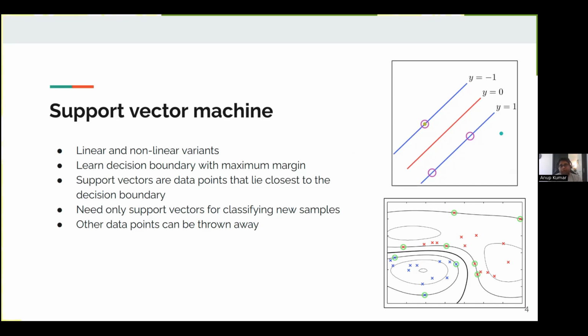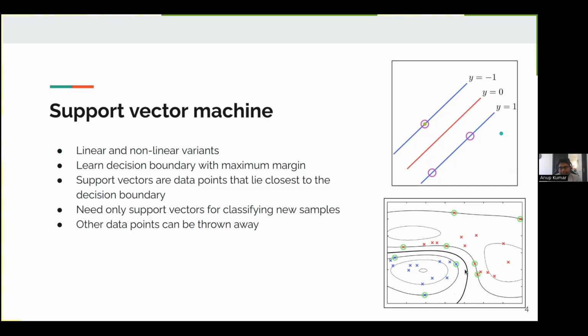For classifying new points, it needs only the help of support vectors. Support vectors are the points that are closest to the decision boundary for any class. For example, if we have this distribution of decision boundary and the data points, then for the blue cross class, the support vectors are circled in green. For example, this becomes the support vector for class blue.